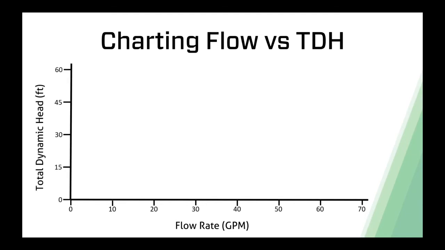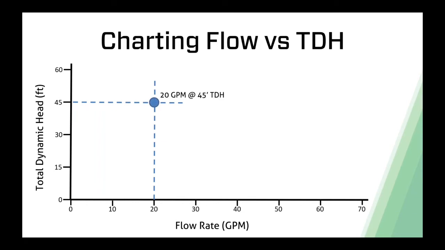And we have another scale that's vertical, and that is a measurement of total dynamic head. Again, starting at 0 down low and counting up as you rise. This provides for us a good mechanism for understanding, for instance, the relationship between flow and head in an application.